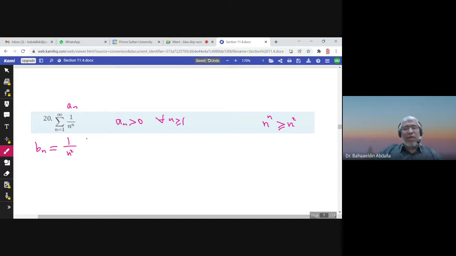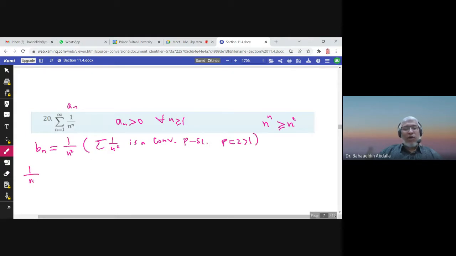And this is a convergent P series. You can write that summation 1 over n squared is a convergent P series because p is 2, greater than 1.